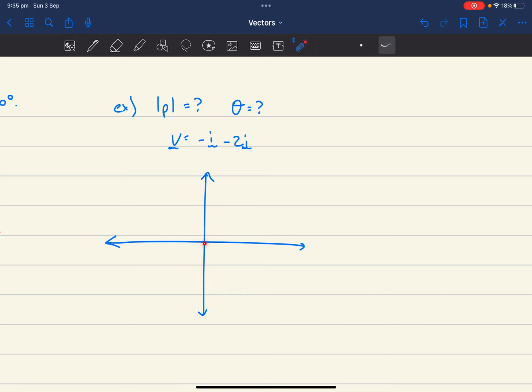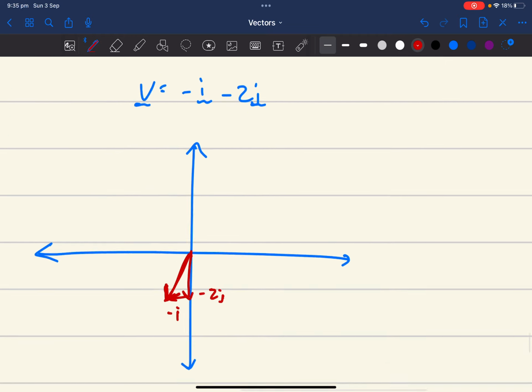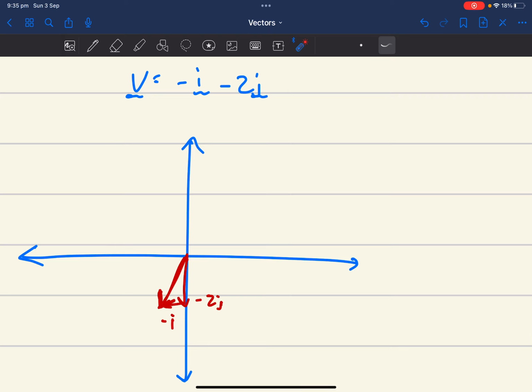So your vector looks like that. I'll just draw it in red pen. So your actual vector looks something like this. And you can see the angle you should have is something like this, right? It should be maybe 200 as a guess, right?